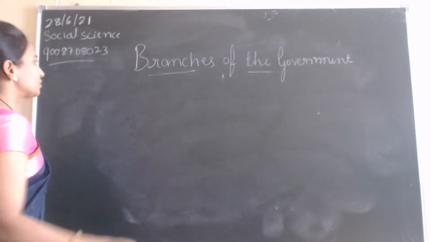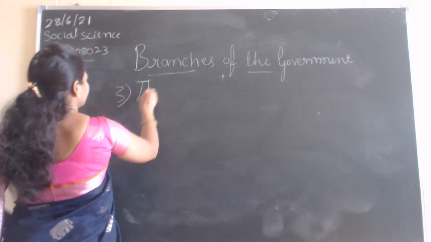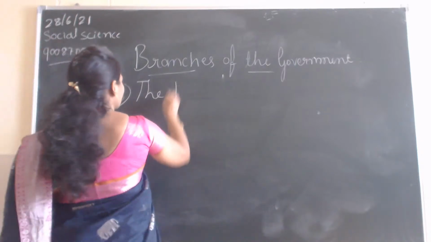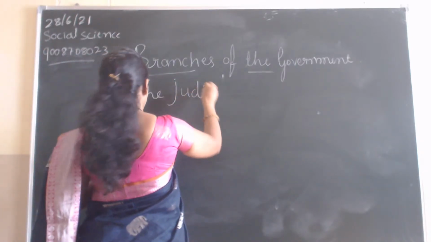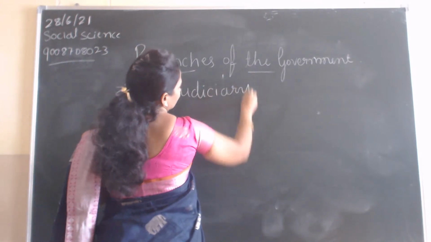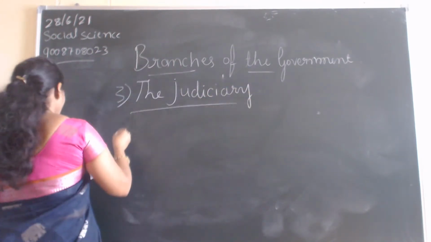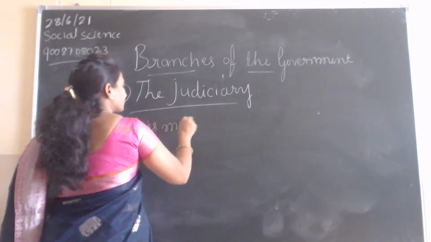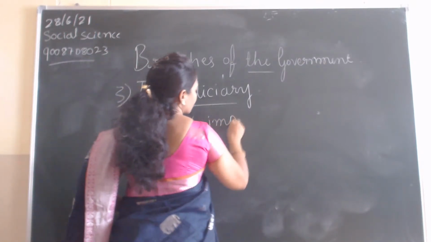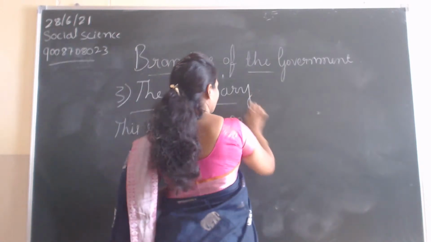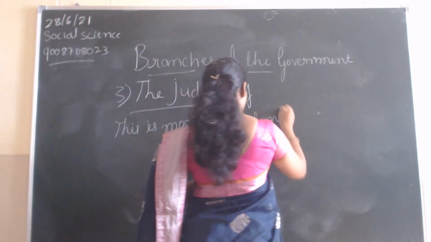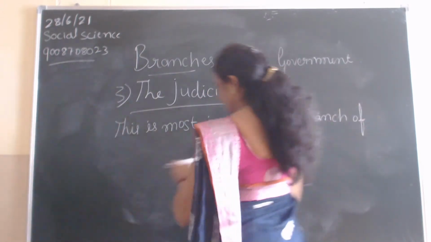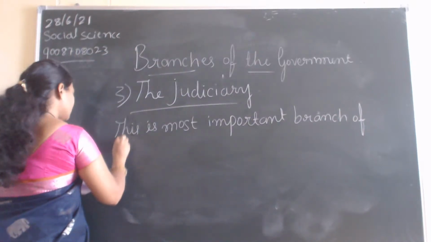Next, the last one, the third one, the judiciary branch of government. This is the most important branch in a democracy.